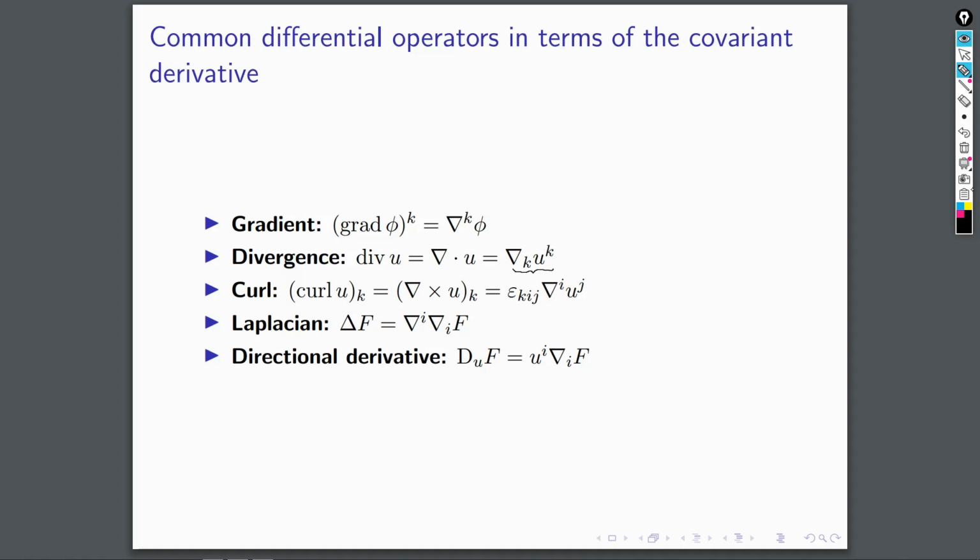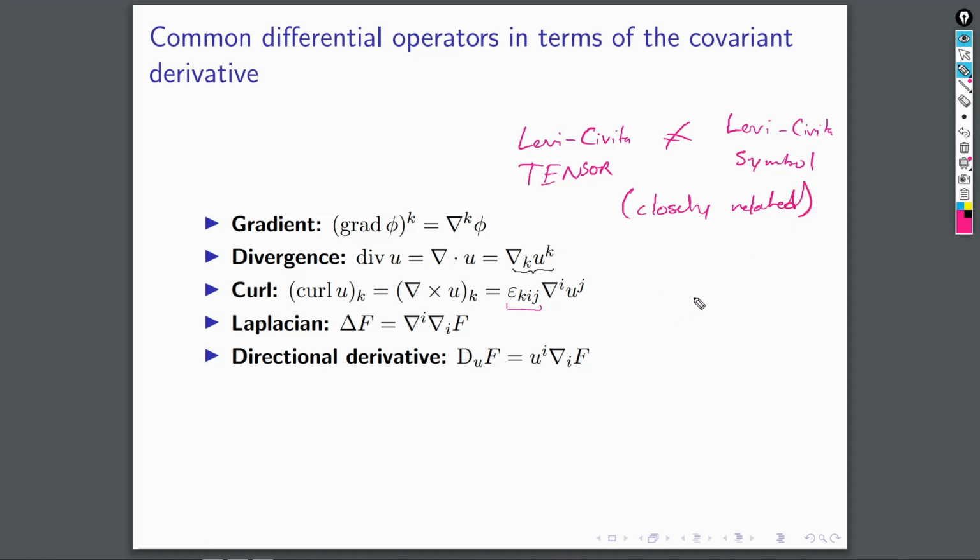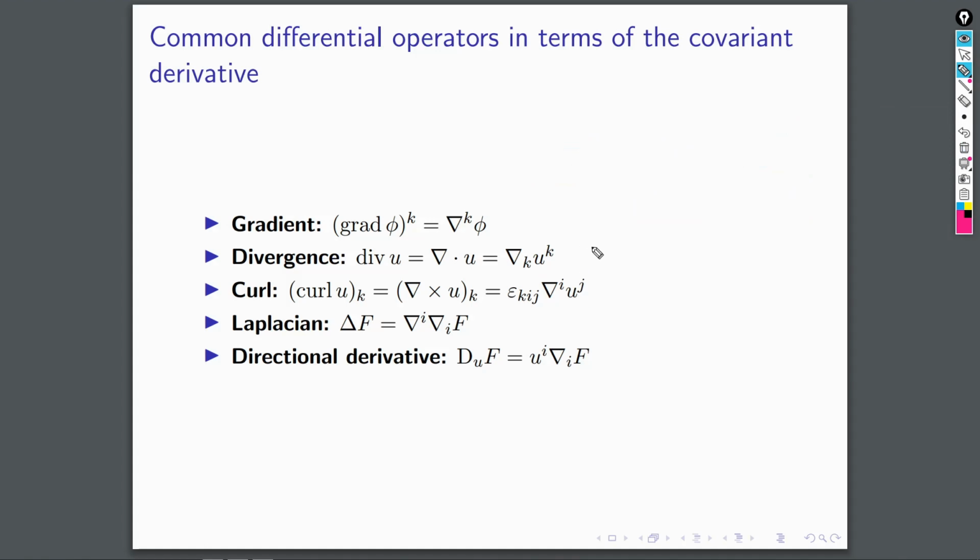And the curl is this thing right here, where this is the Levi-Civita tensor, not the same as the Levi-Civita symbol, but the two are closely related. You can look that up in your own time.